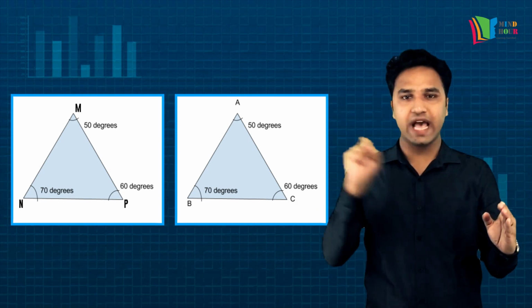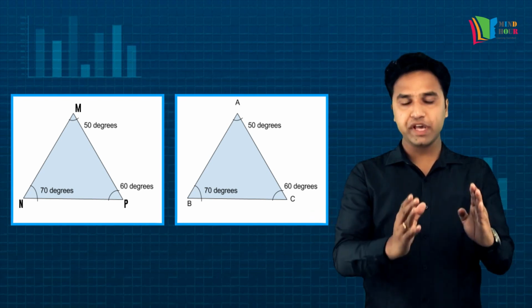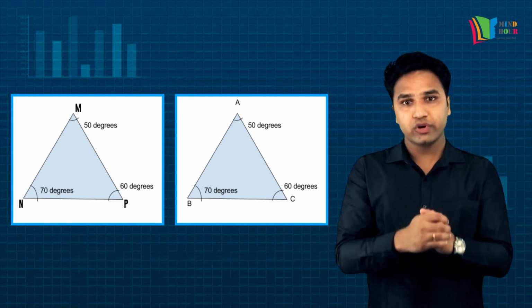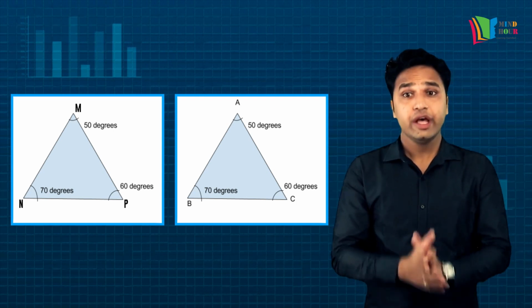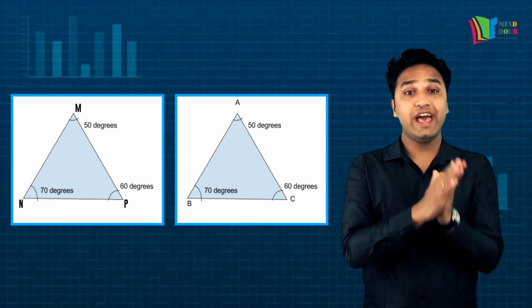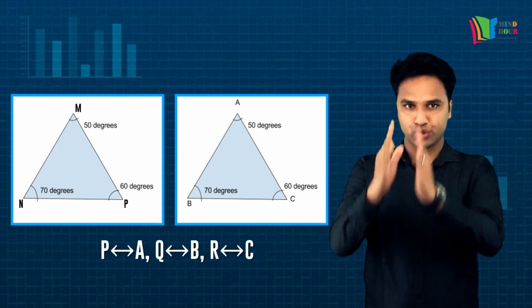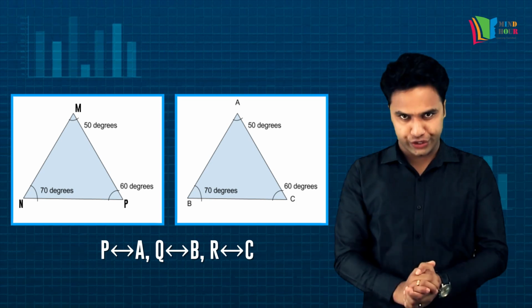Angle M covers angle A, angle N covers angle B, and angle P covers angle C. Also, there is a one-to-one correspondence between the vertices. That is, M corresponds to A, N to B, and P to C, which is written as P corresponds to A, Q corresponds to B, and R corresponds to C.